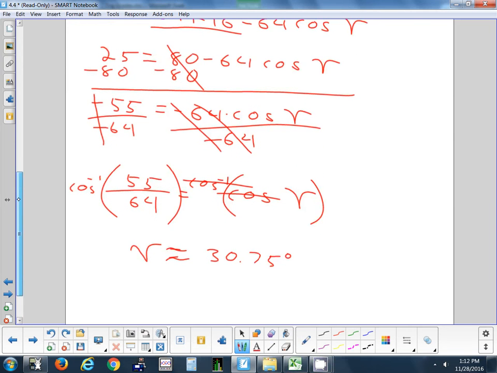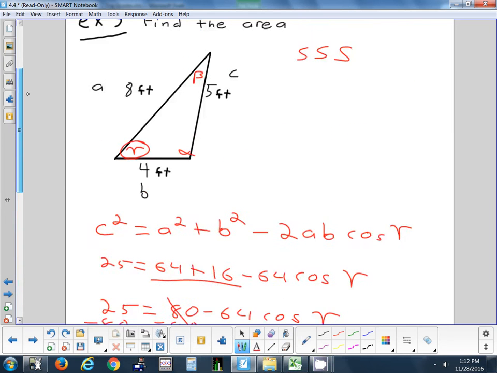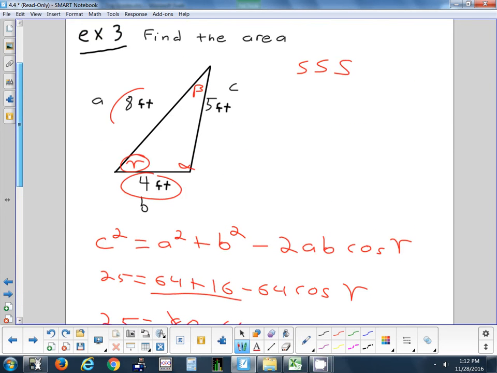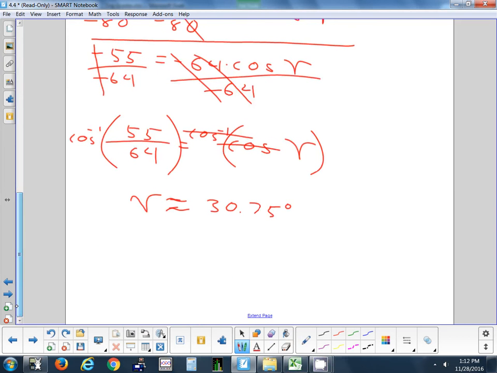Okay, so now I've got my angle. And I've got my two sides. So the formula, 1/2 the product of the two sides times the sine of the angle between them. Type it in just like you did before. 1/2. Can somebody remind me, what were the two sides between this angle? 8. Thank you.